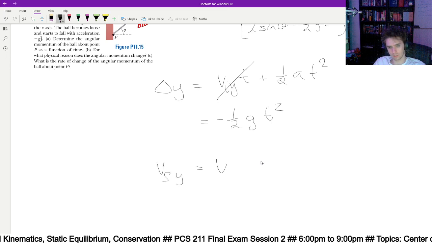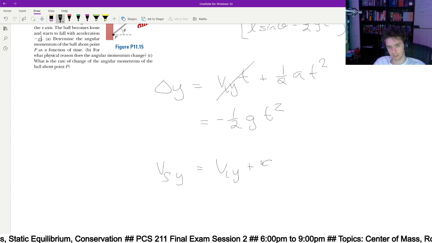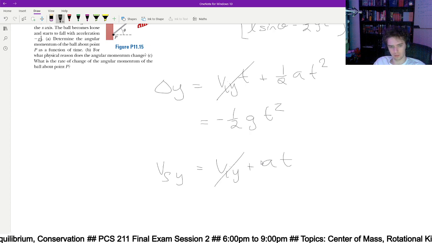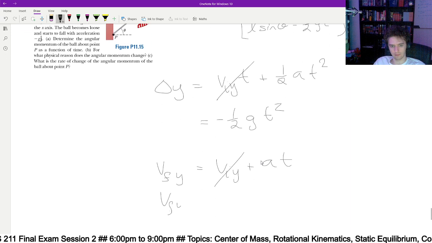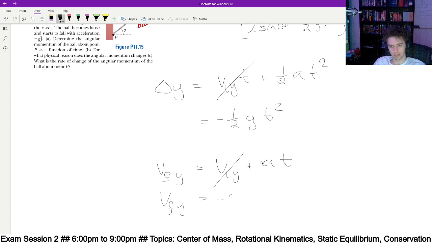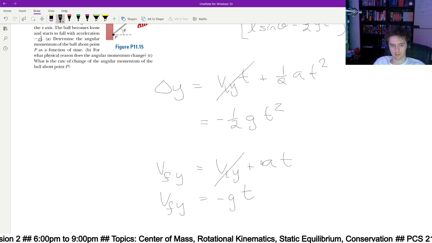VFY equals VIY plus at. VIY is 0, so just at. So VFY is just negative gt. So that's the final y velocity.